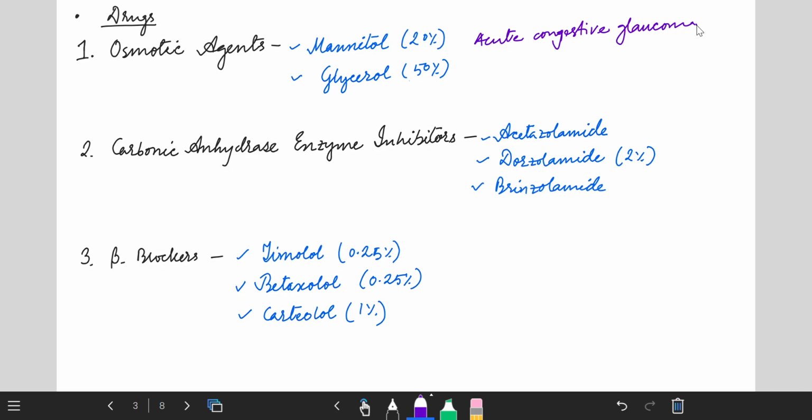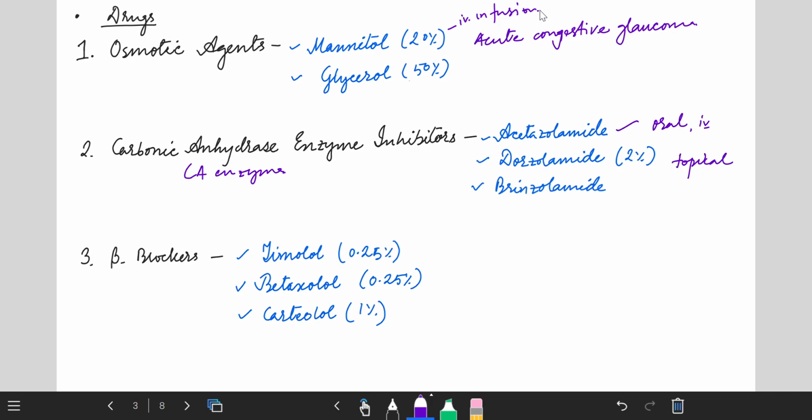Second classification is carbonic anhydrase enzyme inhibitor or CA enzyme inhibitor. Okay. First one is acetazolamide, dorzolamide, brinzolamide. Acetazolamide is given through the oral or IV route. Dorzolamide is given through the topical route. And mannitol, you need to remember that mannitol is given through IV infusion.